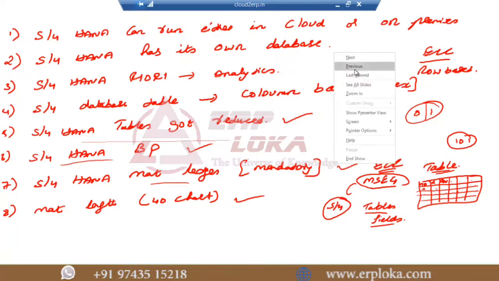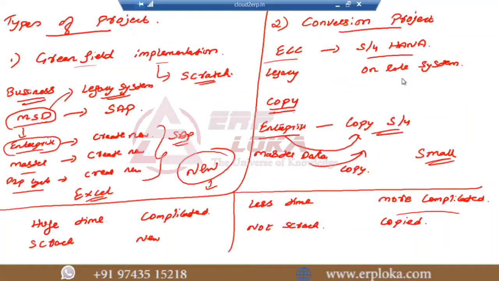Based on these complications, I understand your conversion project is small and can happen in a short period, but you need to consider all these cases. In a Greenfield implementation, you are going to create everything newly, so you will not face that problem. You are not directly copying the vendors; you are creating the business partner, then creating the vendor, with everything happening newly. In conversion, as you're copying, first you need to get the data as per the S/4HANA system.